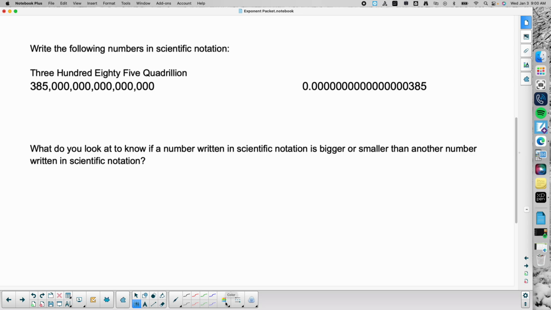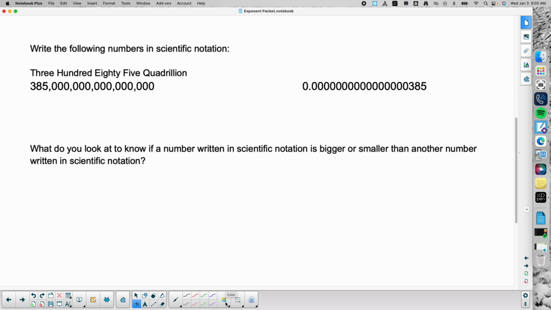Close. So you're saying 15 because there's 15 zeros. It's not really wrong, but the problem is we're not allowed to write 385 times 10 to the 15th, because in scientific notation the first number has to be single digits.